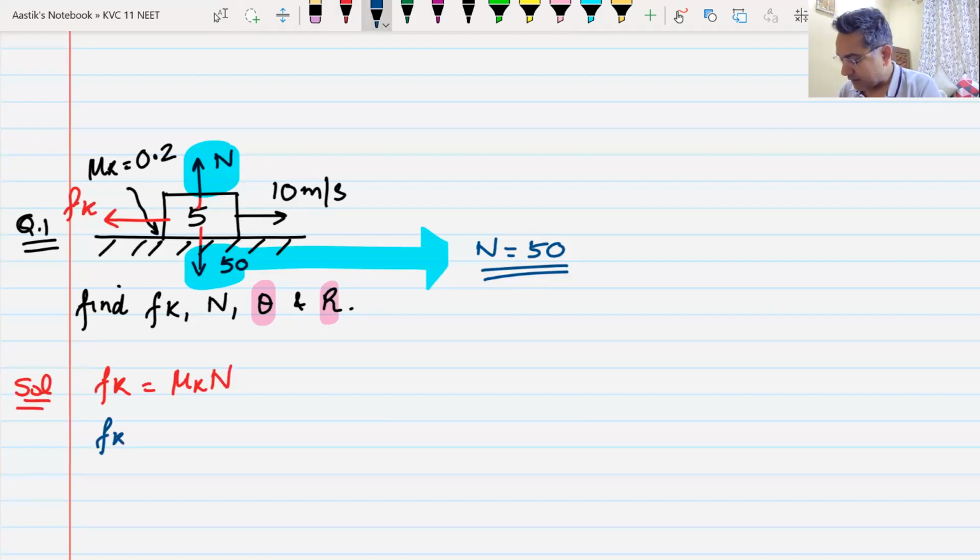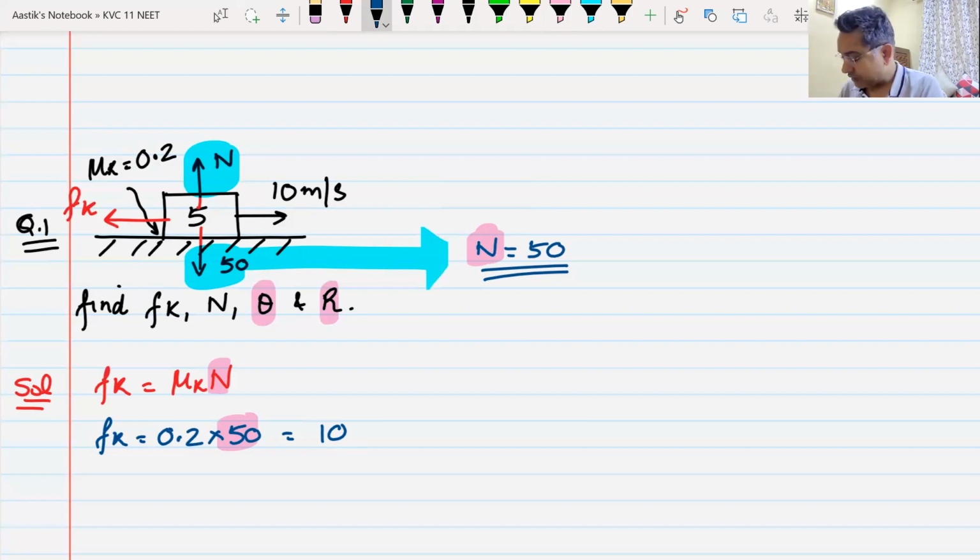Mu is 0.2 multiplied by the value of normal reaction. I have already got the value of normal reaction as 50. So this gives me the frictional force 0.2 multiplied by 50. I think that would be equal to 10. That is the value of your frictional force.